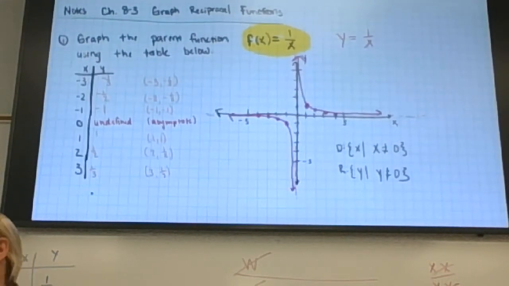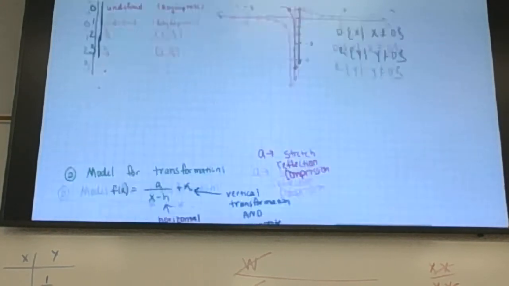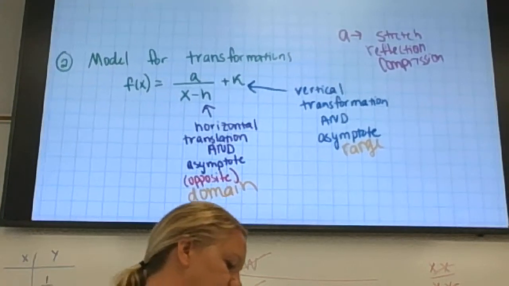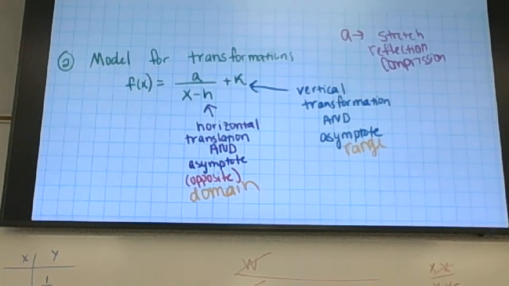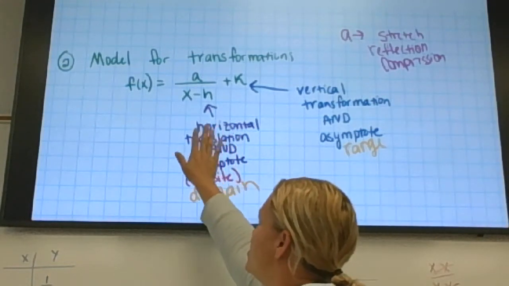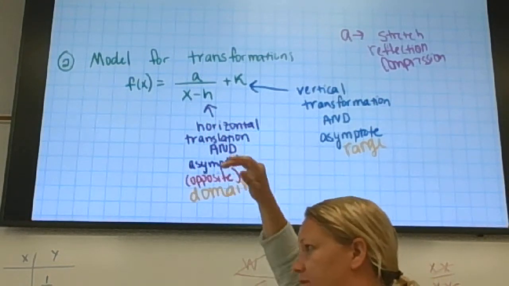Alright, let's do another one. Let's do one with transformation. Here, I'll just write this down. Alright, so h and k, just like every other function. So the number down here will shift the graph right or left.